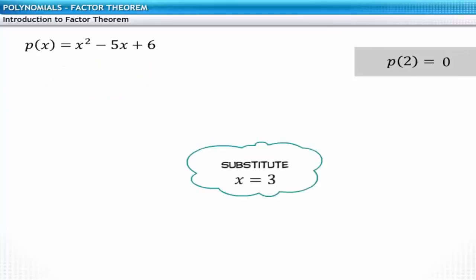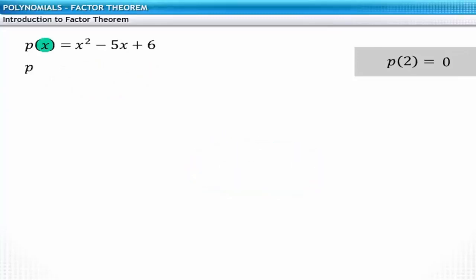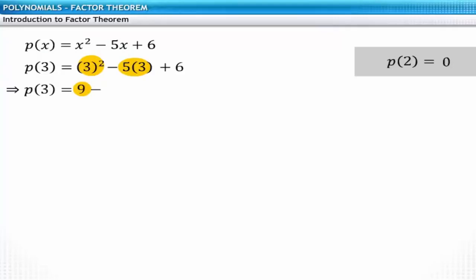Similarly, we'll substitute x equal to 3 in the polynomial. We get p of 3 equal to 0.